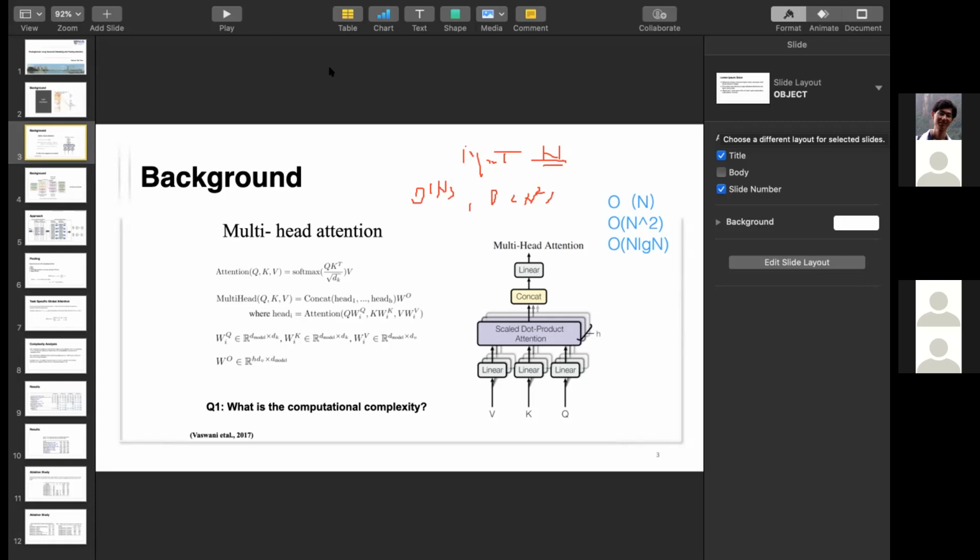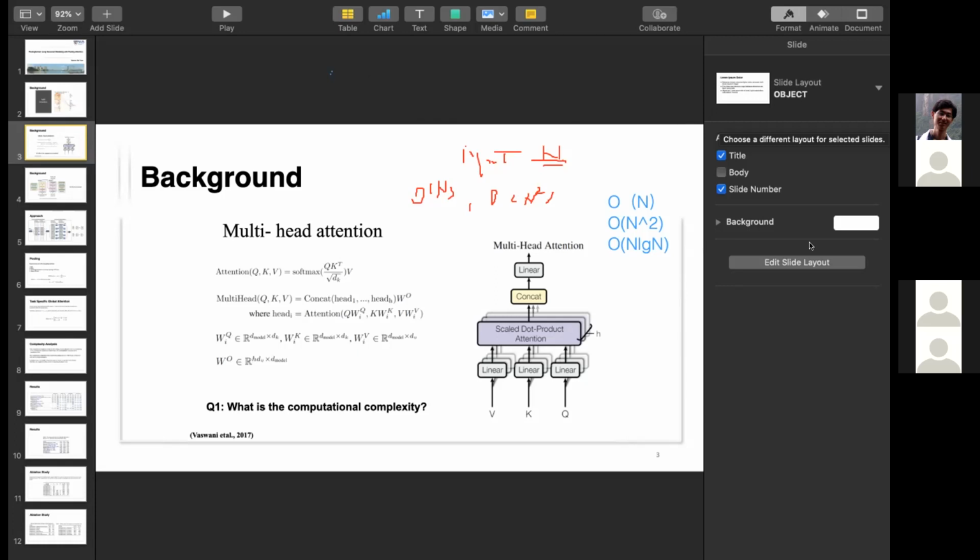So it's the complexity of all this part. Yihao, you can clarify a little bit. Given the input of n tokens, and we would like to calculate its self-attention, what is the complexity?